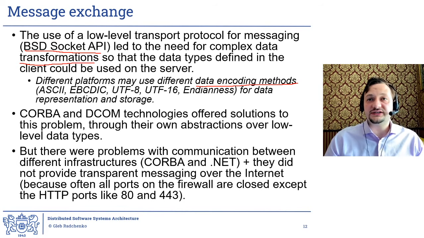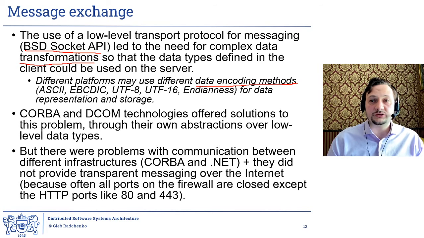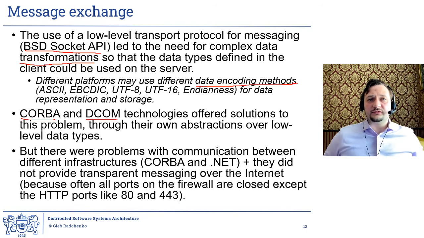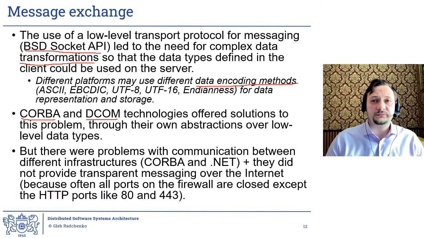Actually, the main problem of the BSD sockets was that it would be very hard to create clients and servers using different protocols and different platforms. CORBA and Distributed COM technologies offered some solutions to this problem, but they did not solve it to the very end.